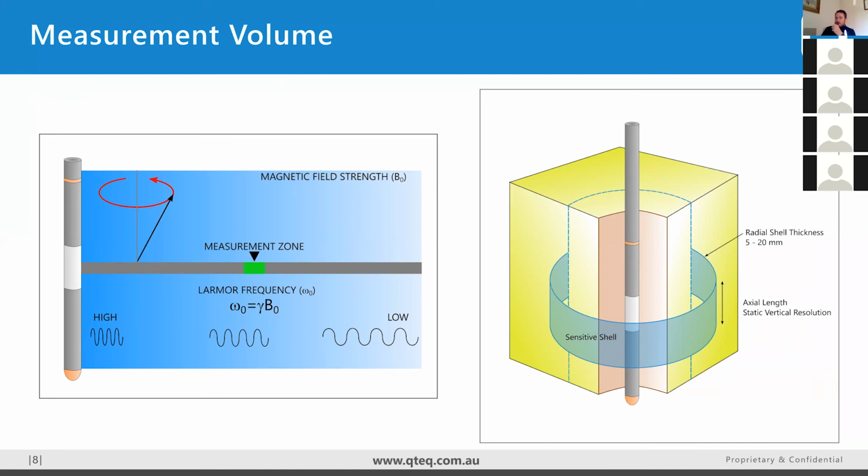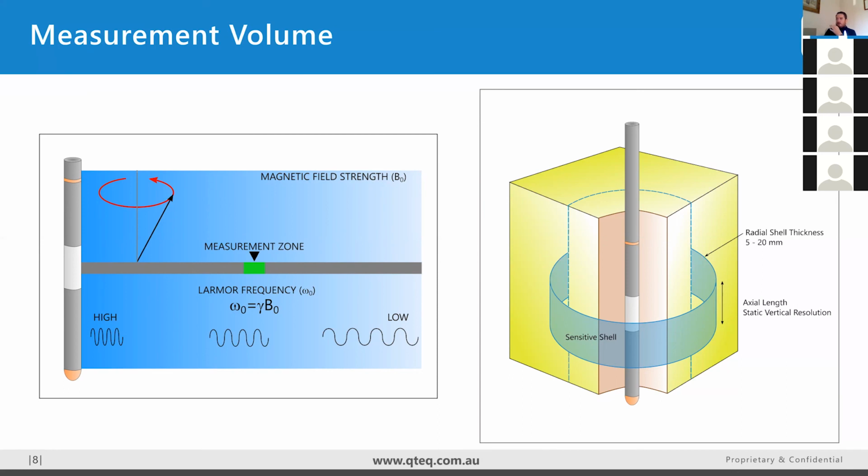So as long as the caliper reading is less than our diameter of investigation. Our main two diameters of investigation are 230 millimeters and 360 millimeters.